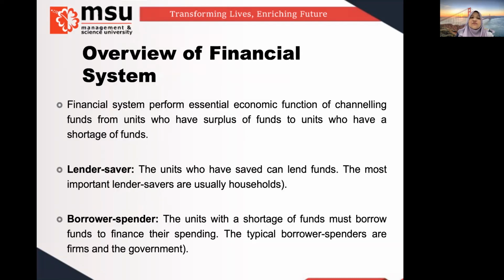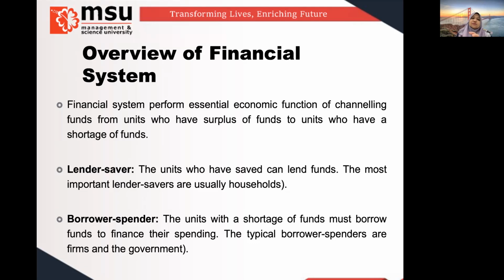All right, so the overview of financial system. It is about lender and saver, or it is also known as borrower and spender. So who are the lender? Lender is a person who has surplus in fund. They will save their money in the bank.